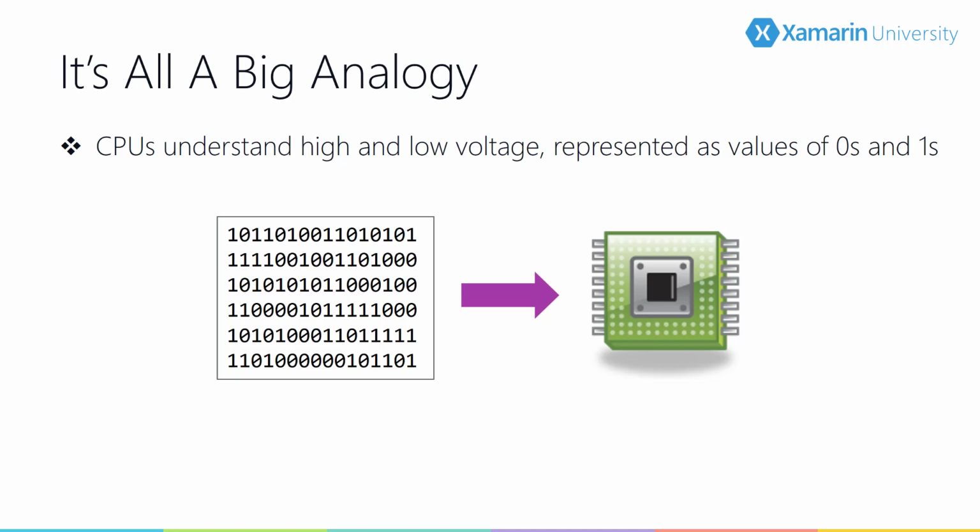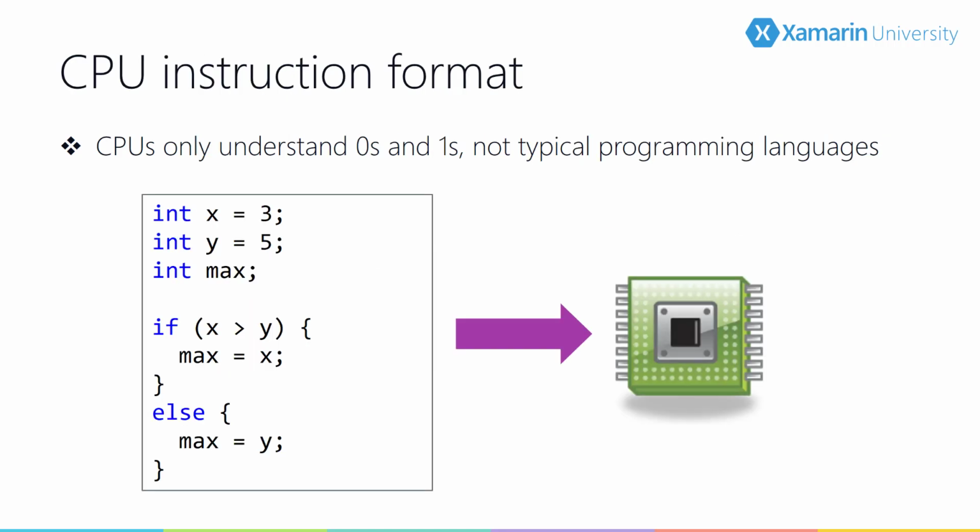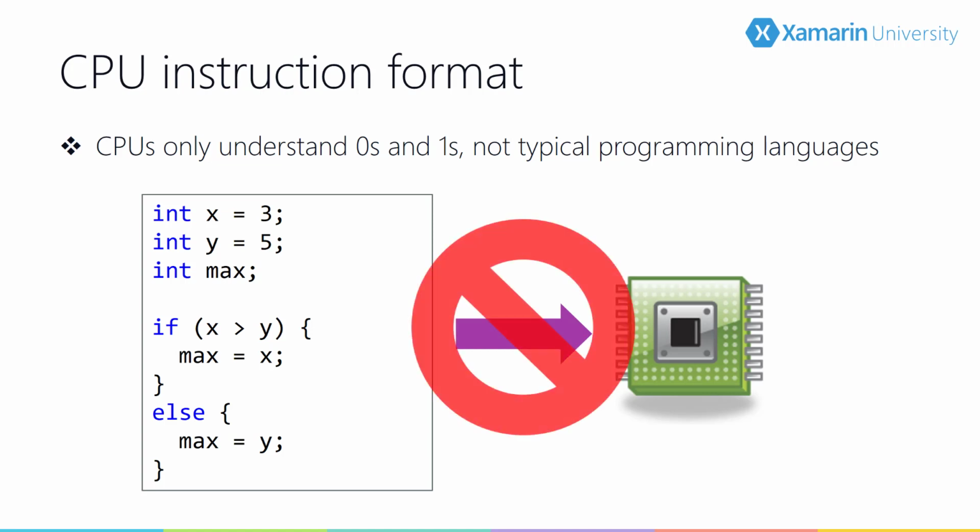So if a CPU only understands binary ones and zeros, how does it understand our program that we write in basically English? The truth of the matter is that it can't understand our high-level language. It can only understand a low-level language like binary.